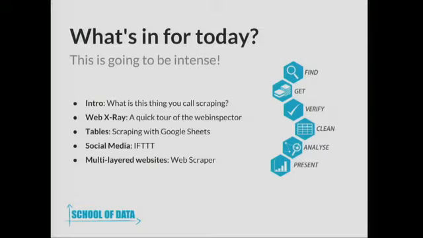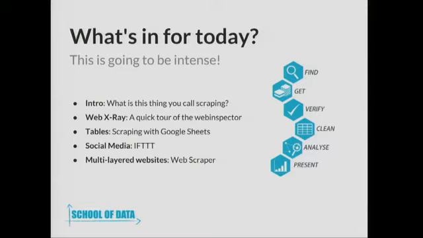So I'm going to give a quick intro on what we're calling scraping. We're just going to define a common ground to work around scraping. Then I'm going to show you, really quickly, how to use the Web Inspector, because I know there was a session about the Web Inspector yesterday. And then I'm going to show you 3 tools to do scraping. The first one is Google Sheets. We're going to dive into the import HTML.